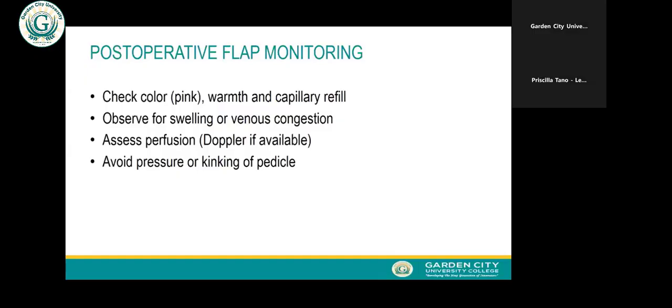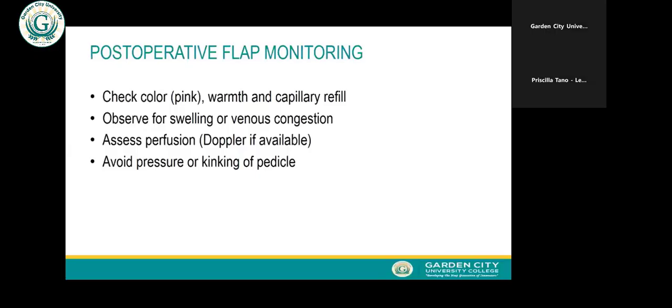Management. So post-operative flap monitoring. We want to do our hemodynamic checks and stability. We want to observe the flap: the color, the temperature, the capillary refill, even swelling, and observe for any venous congestion.